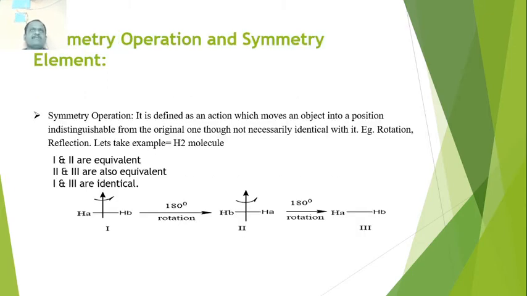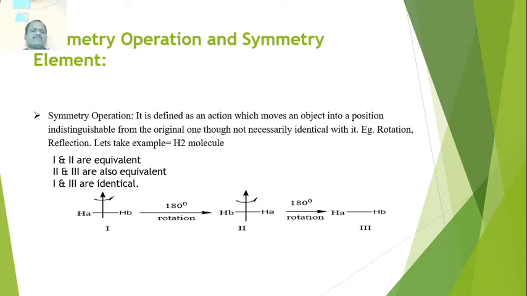To understand symmetry, you have to understand symmetry operation and symmetry element. Let me define again what is symmetry operation and symmetry element. Without them, we cannot understand symmetry or molecular symmetry. They are correlated to each other.